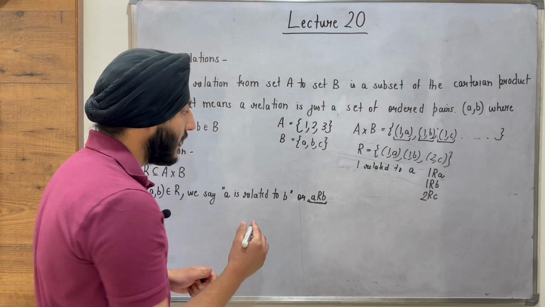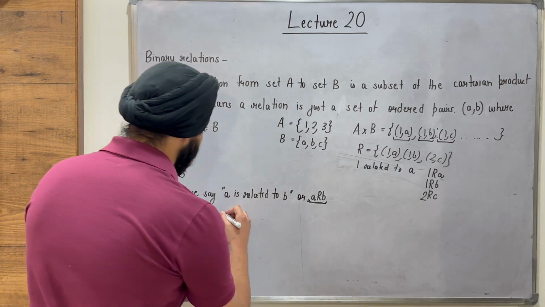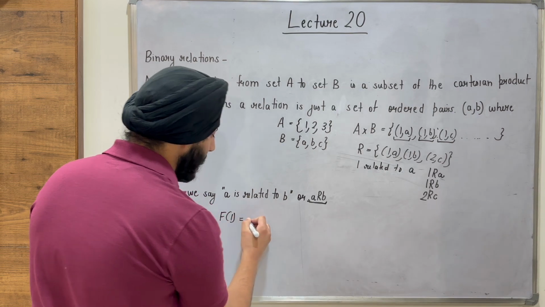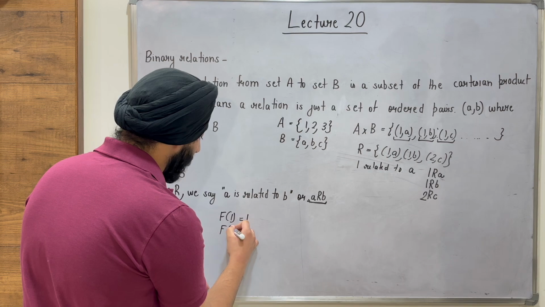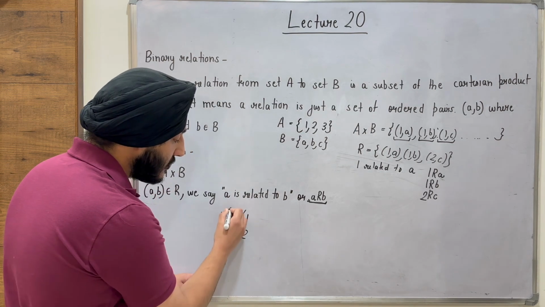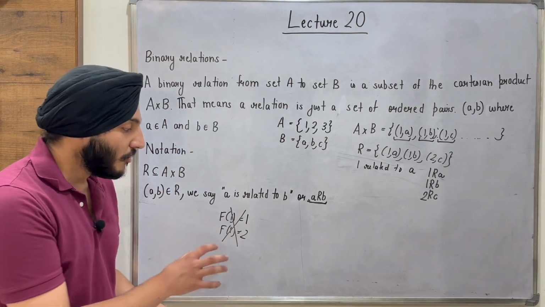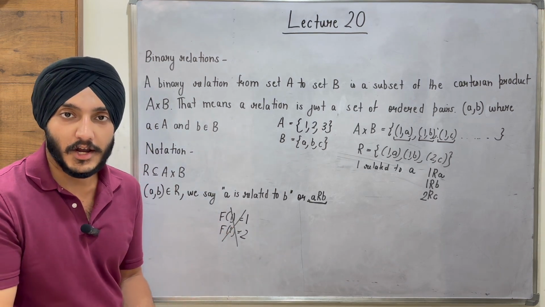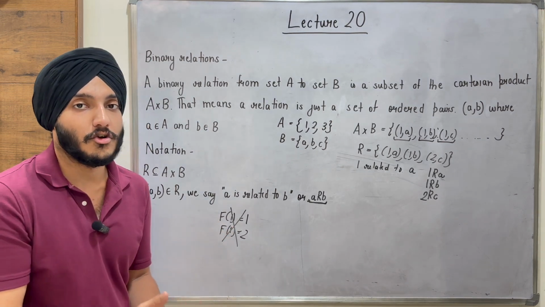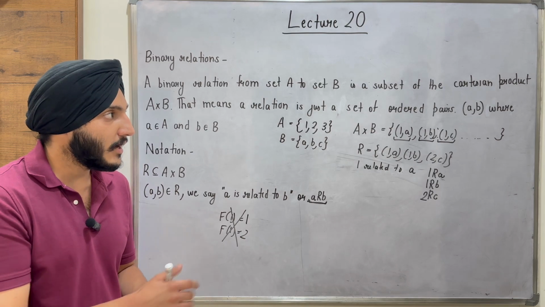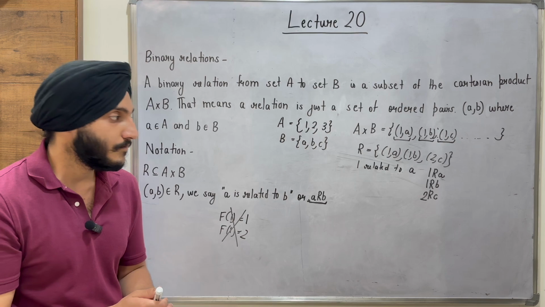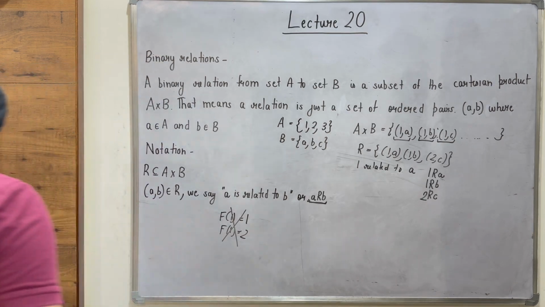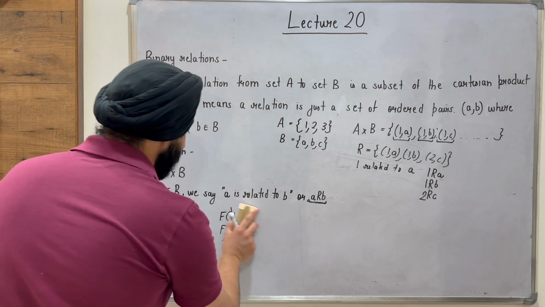What I'm trying to say is, in a function, f(1) can only be a unique value. f(1) = 1 and f(1) = 2 would be incorrect. So a function is also a binary relation, but with an additional condition on it, and a binary relation is the more general thing that we use. I hope you're able to understand what a binary relation is.